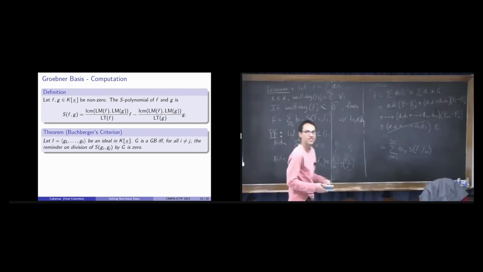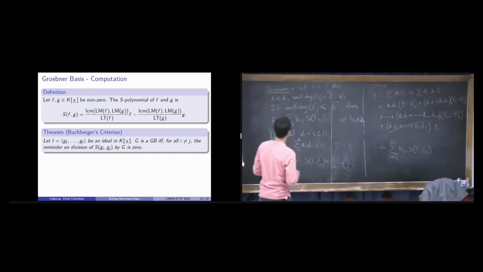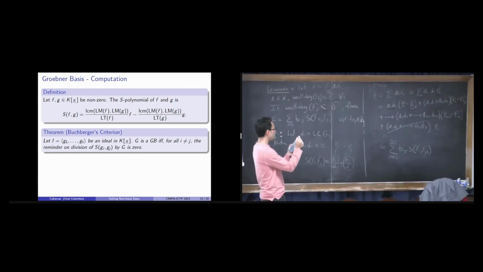Sir, hello. Yes. Sir, can you explain what is the leading coefficient of Fi? Yes. The leading coefficient of Fi is the field element that is multiplying the leading monomial.